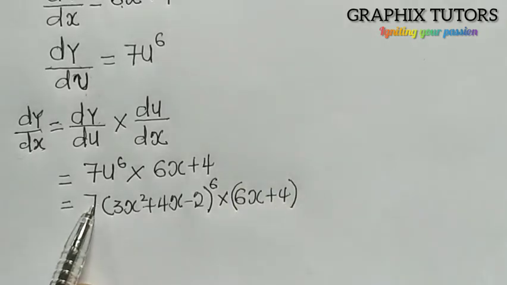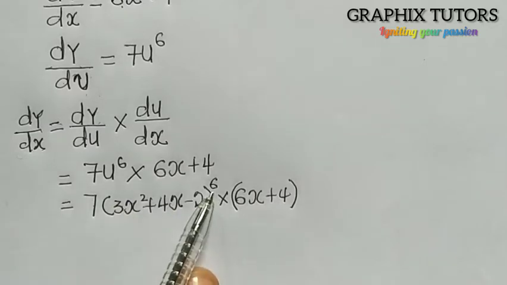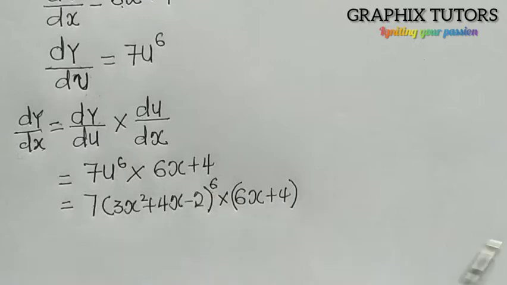I cannot multiply this 7 with all this function here because of the power. The only way I can multiply 7 is when I expand it, and that will take our time.